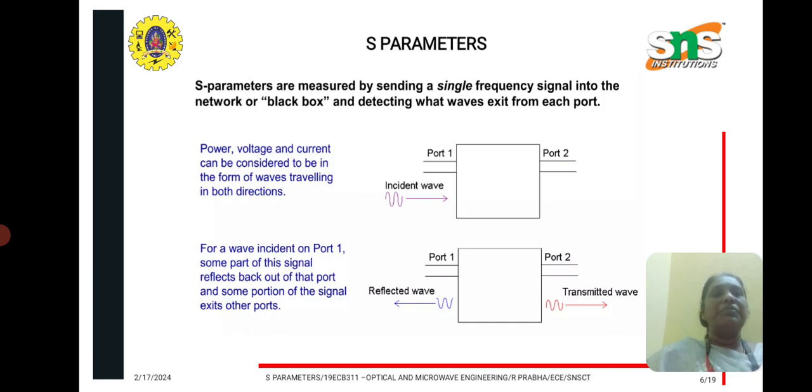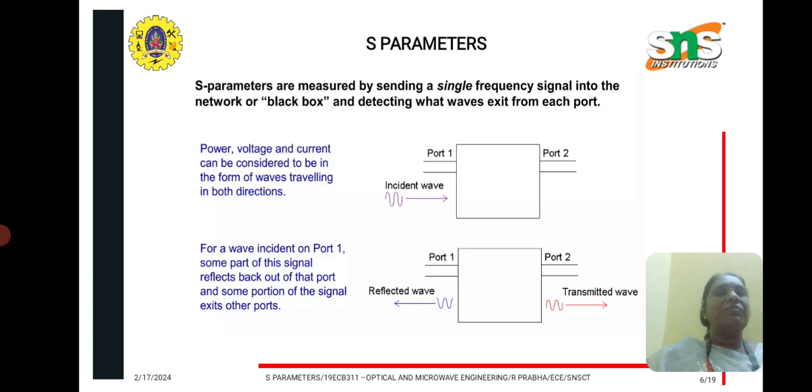When a wave is incident on port 1, as in the first diagram, and when it is transmitted, it is called the transmitted wave. But due to imperfections or impedance mismatch, part of the microwave energy will be reflected back, and that wave is called the reflected wave.